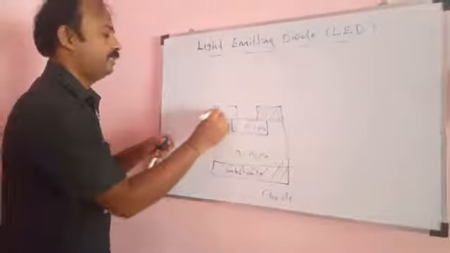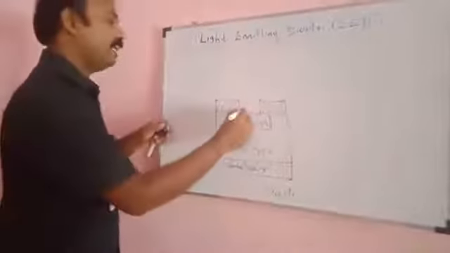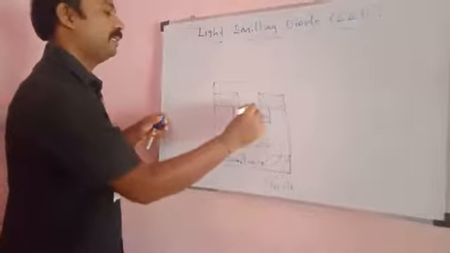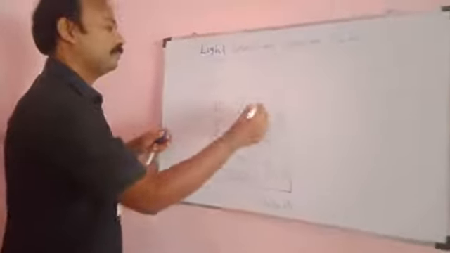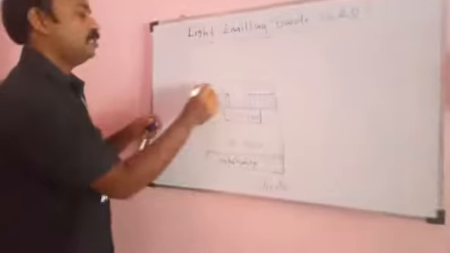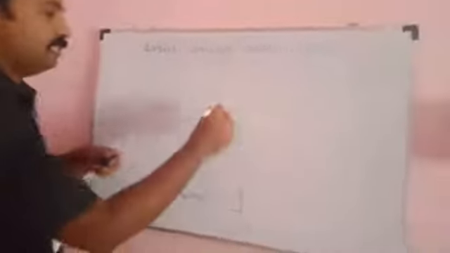Then also one metal contact is there. This is a metal contact. What is the use of this metal contact? For providing the biasing. This metal contact is made up of aluminium.